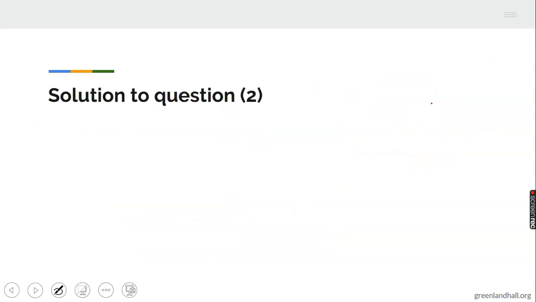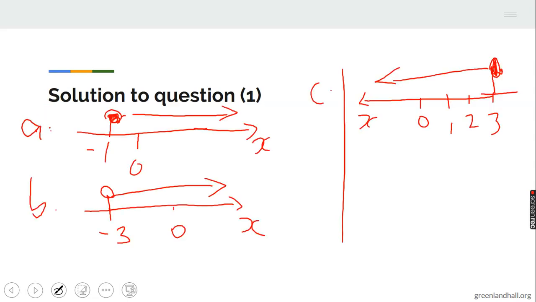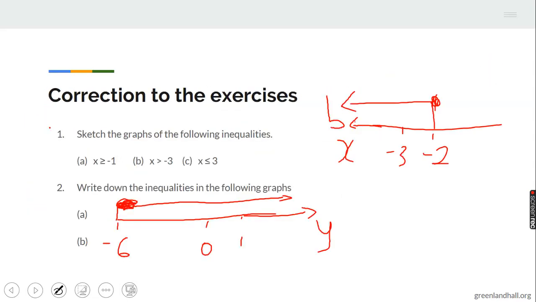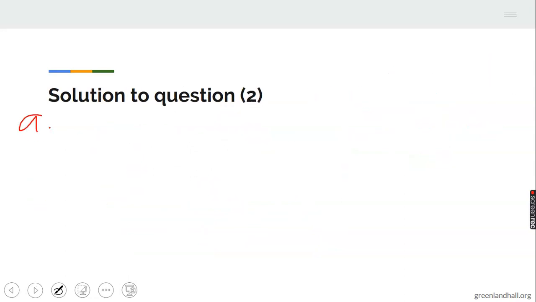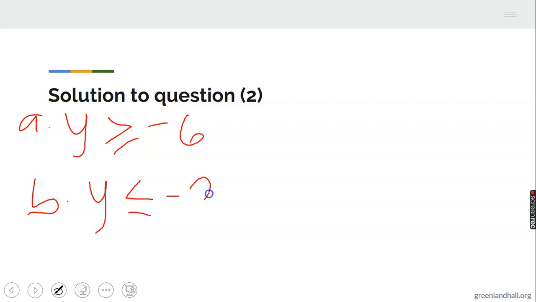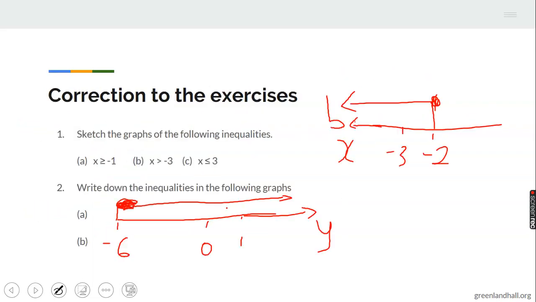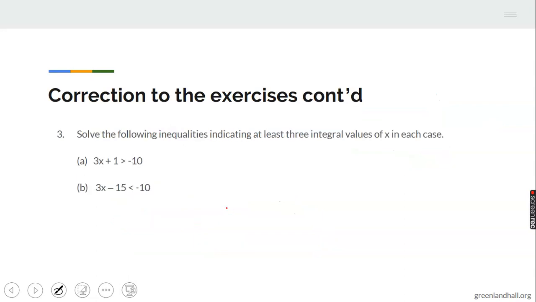The first one, which is A, where is the inequality facing? To the right, that is greater than. That means y is greater than or equal to minus 6. Then the other part will be y is less than or equal to minus 2, because where the arrow is facing is on the left.